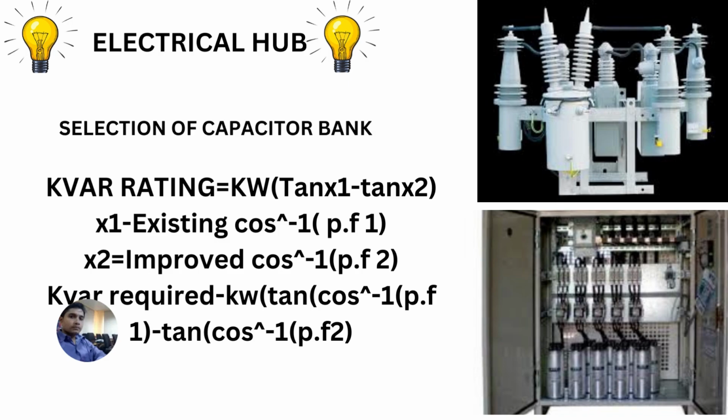According to the formula, kilowatt multiplied by tan of cos inverse PF1, that is the existing power factor, minus tan of cos inverse of the improved power factor, then you will get the desired kVAR rating required to improve the desired power factor.